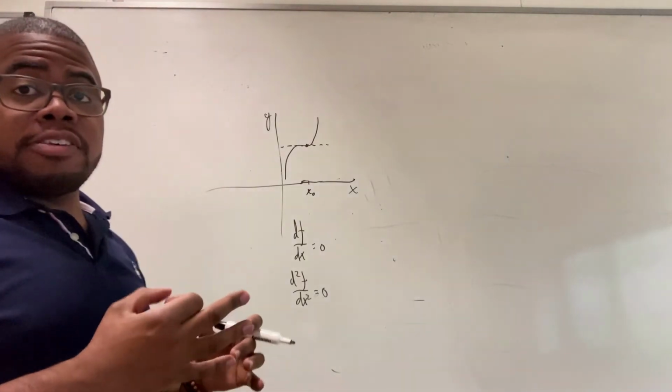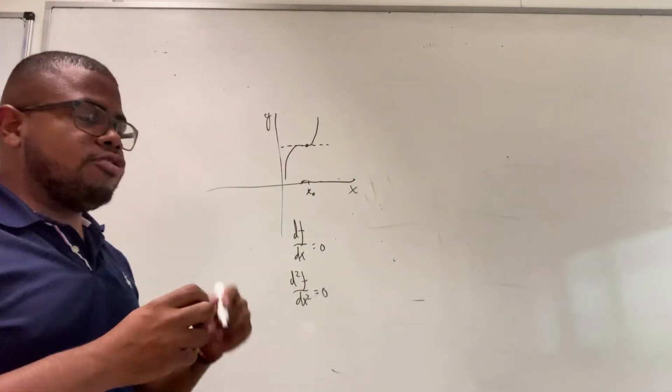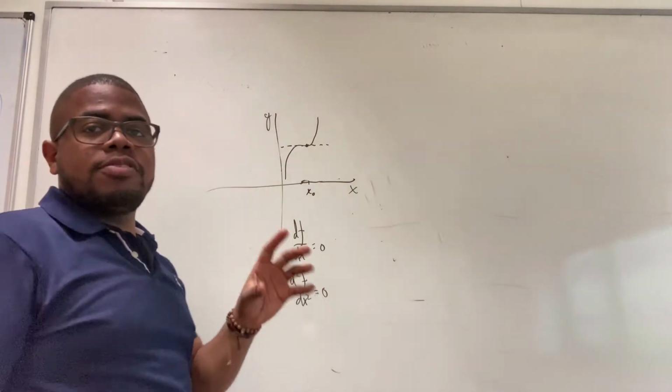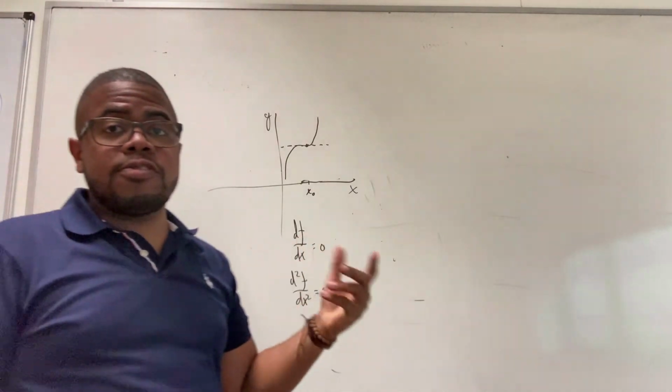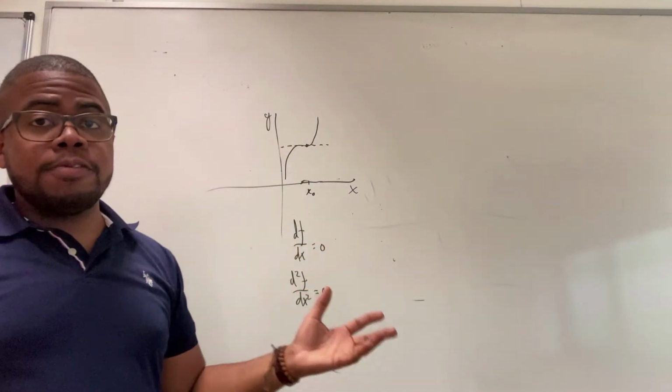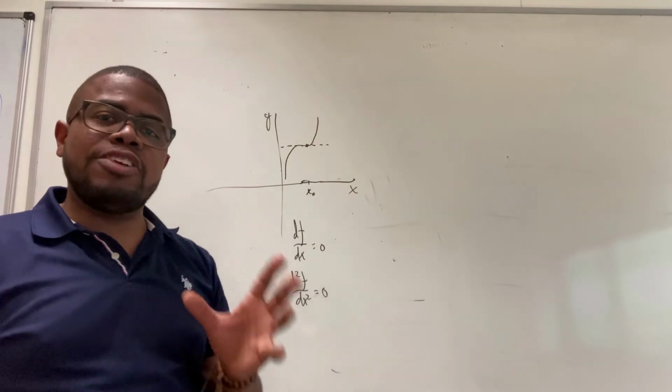These are all three possibilities, and in general we say that when the first derivative is equal to 0, then you have, in your single variable function, what is known as a stationary point.